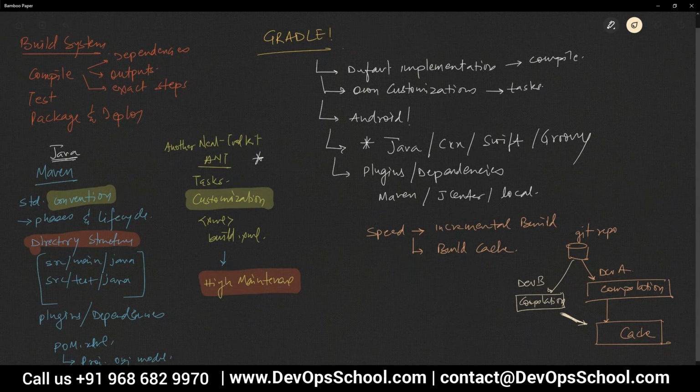And surprisingly, it will find that the exact files which are downloaded by dev B have been compiled already by developer A. So Gradle will bring out all the required artifacts from the cache and give them to developer B. So it will avoid running a duplicate compilation.